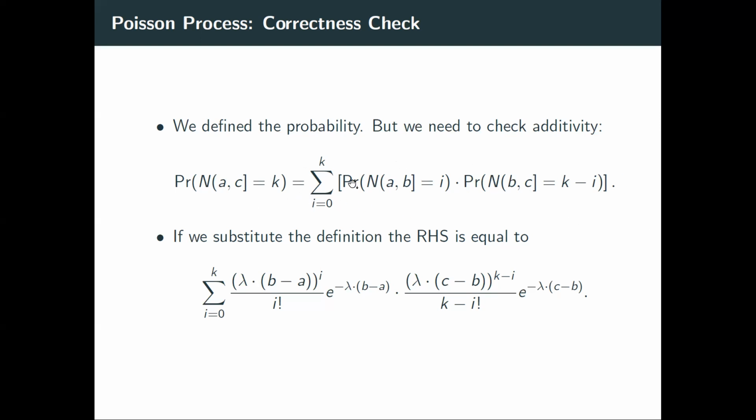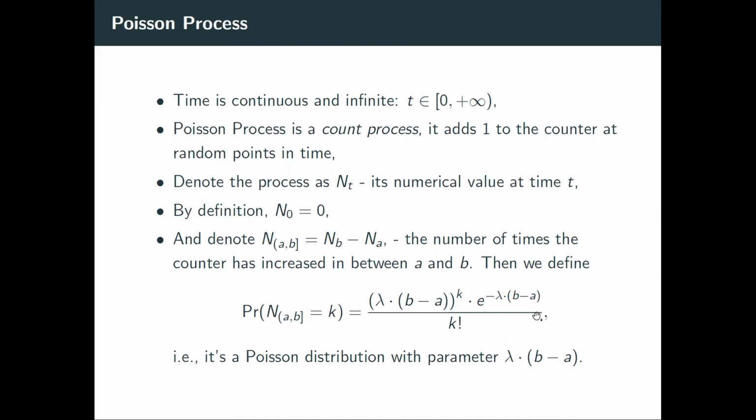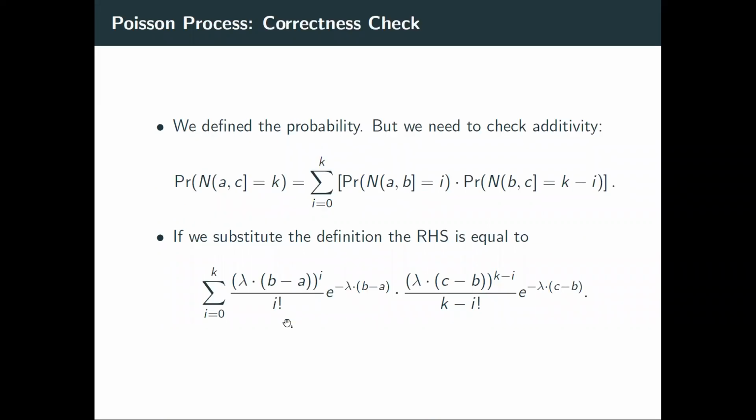And you can explicitly calculate the probability distribution for the interval from A to C. It turns out that when you do this sum, it results in exactly the same probability function as you had here, with the needed endpoints for the intervals.